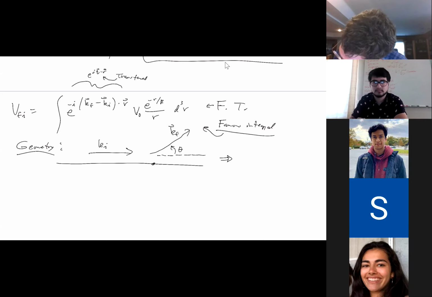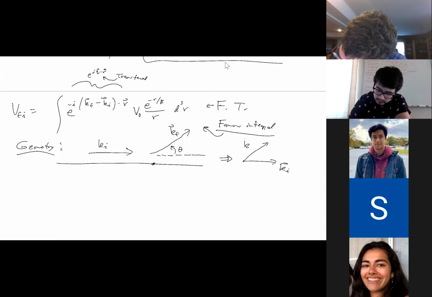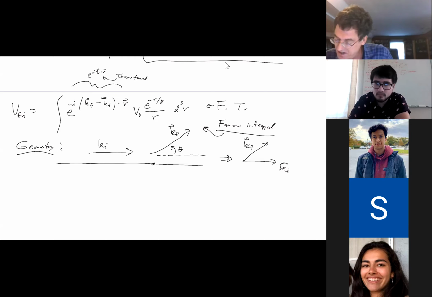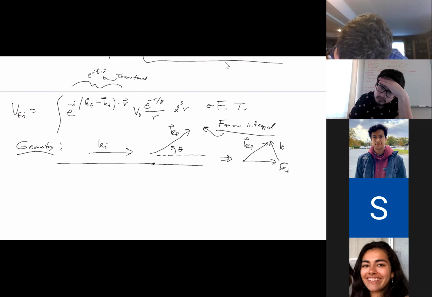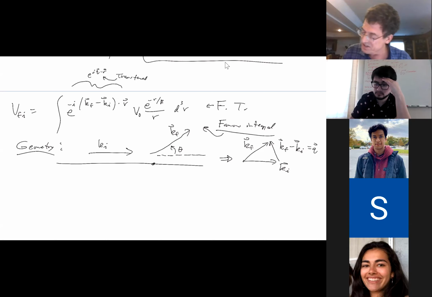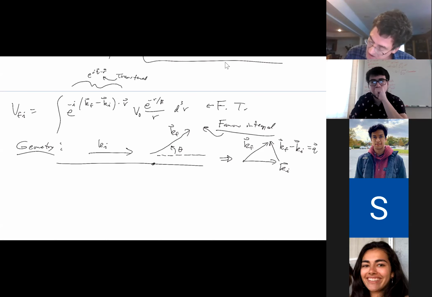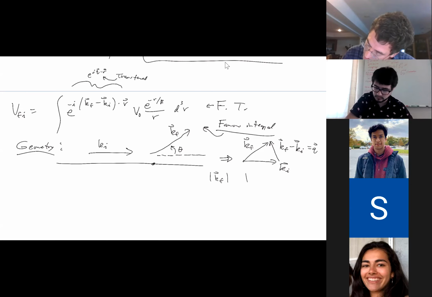And so I can redraw it like this. I've got an initial k, a final k, and here I can draw this. This is my scattered k. That is my k final minus k initial, right? That's my q. My transferred momentum is the one that I just drew. What can I say about the length of k_f related to the length of k initial?